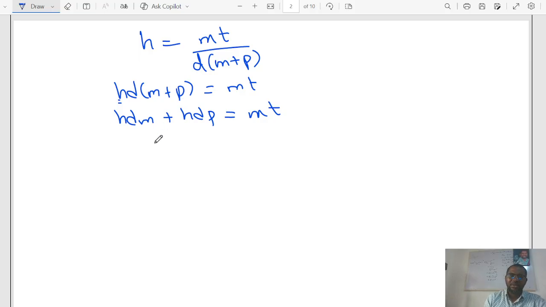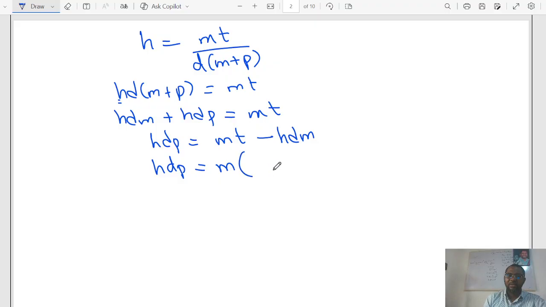So I can choose to say hdp is equal to mt minus hdm. Now m is common, so I can factorize m, and I'm going to be left with just t minus hd. To make m the subject of formula, I'm going to divide both sides by t minus hd.